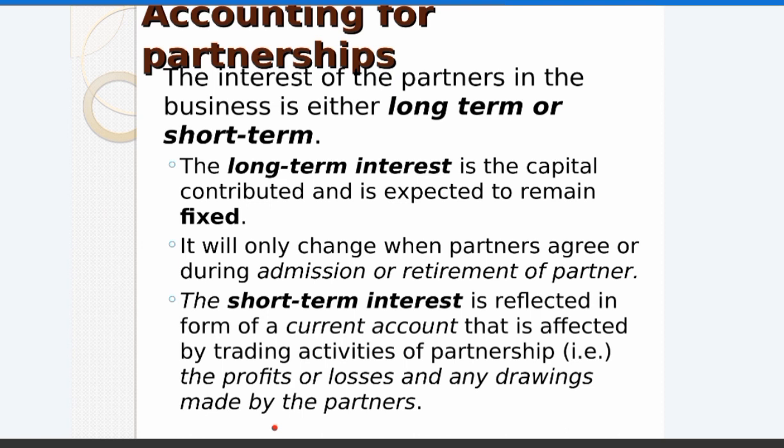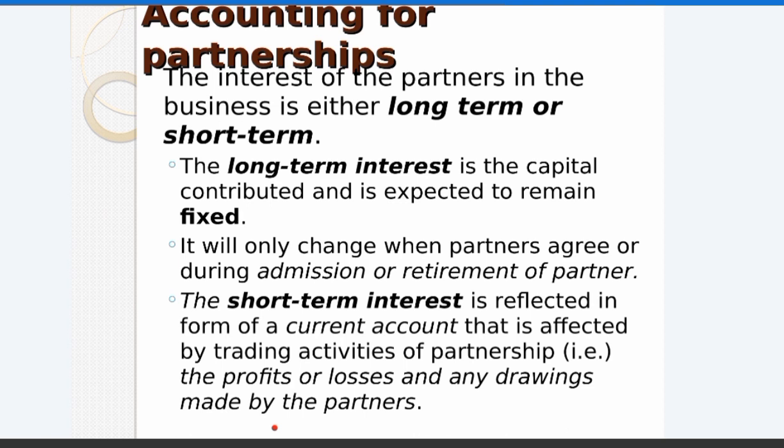So the short-term interest is reflected in the current account, and it is a result of the daily activities that go on in a partnership. At the end of the year, the partnership will declare either profit or loss. Since the partners are supposed to get a share of the profit, that will affect the current account.